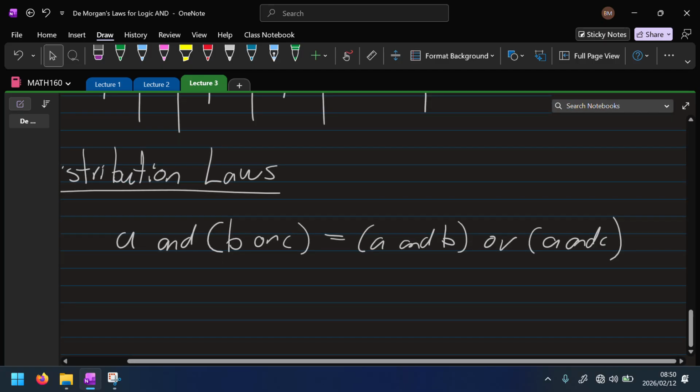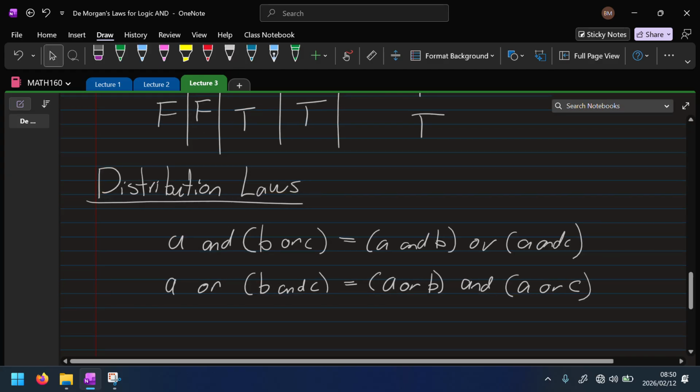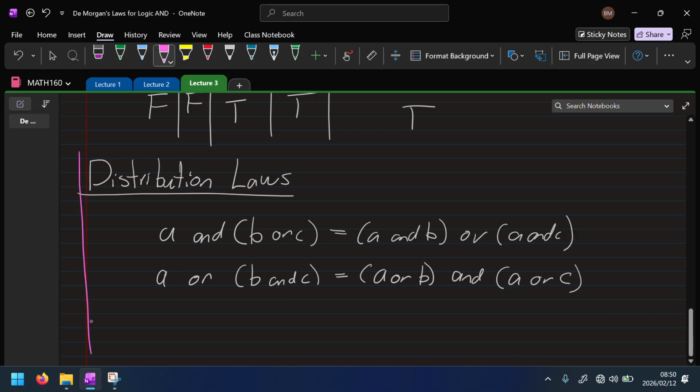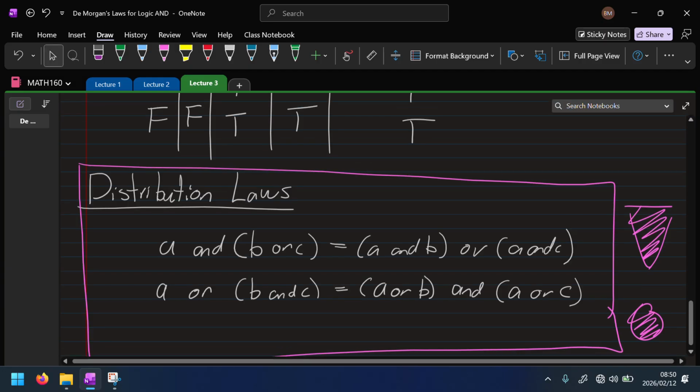So it's this one and the other one, A or (B and C) is (A or B) and (A or C). Okay, please put a big box around that.